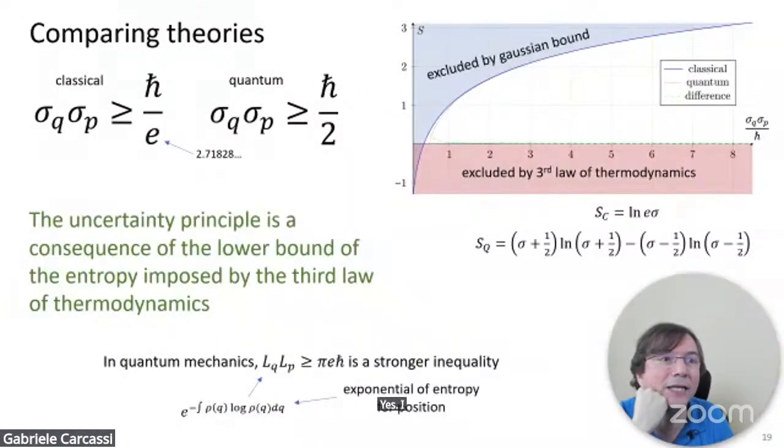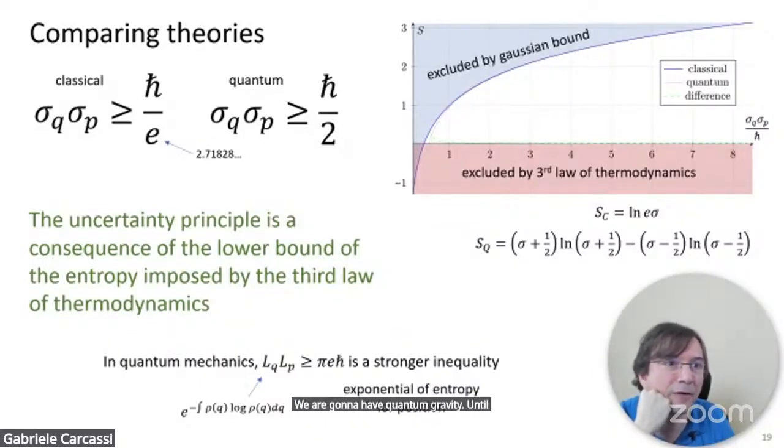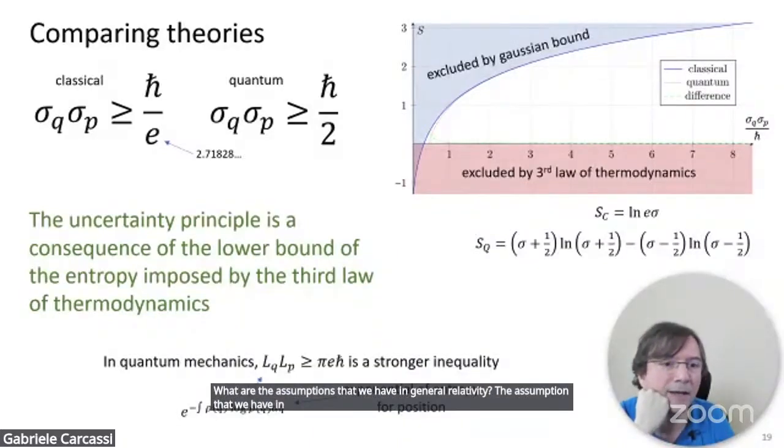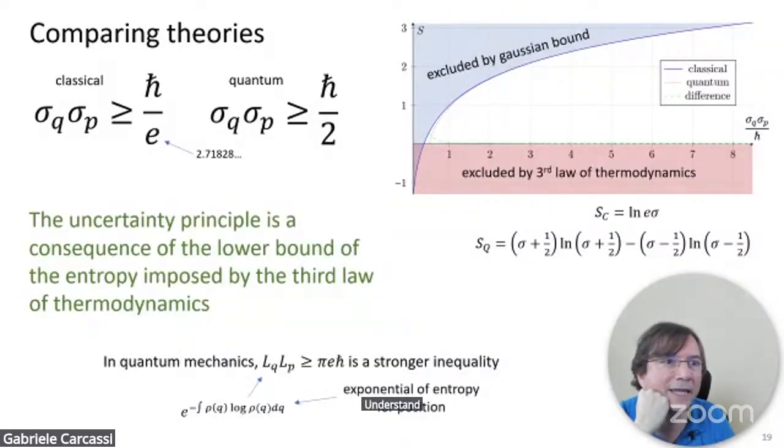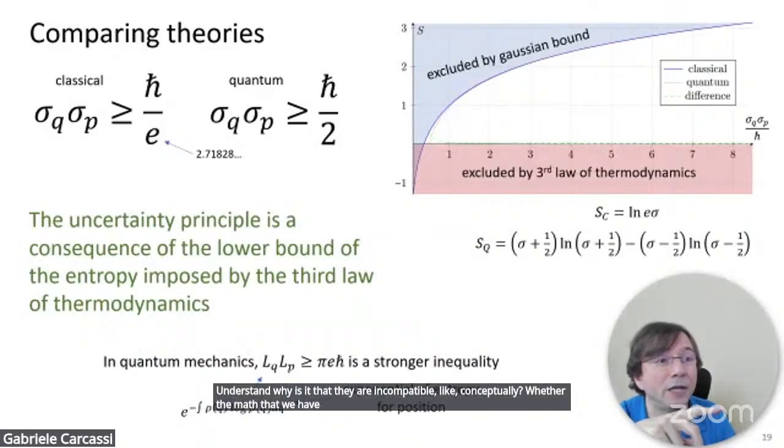I don't think we are going to have quantum gravity until we figure out exactly what the assumptions are that we have in general relativity and in quantum field theory, understand why they are incompatible conceptually, and make the math that we need for those two theories precise, because I'm not even sure that we are there yet.